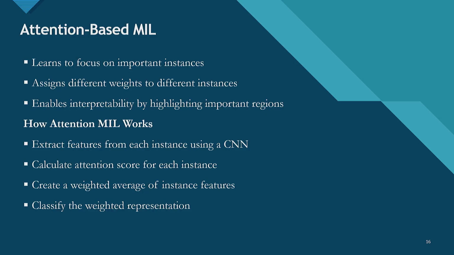Then we extract the features using any kind of CNN architecture, and we calculate the score for each patch. After that, we apply some weighted average over the instances, and at the end we use a classifier for the classification of the different classes.